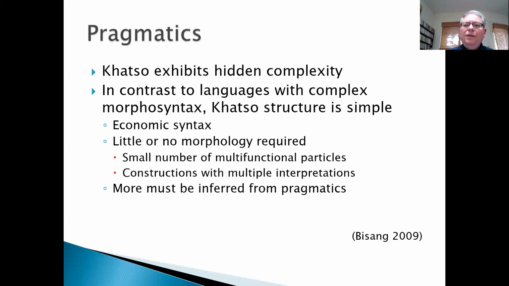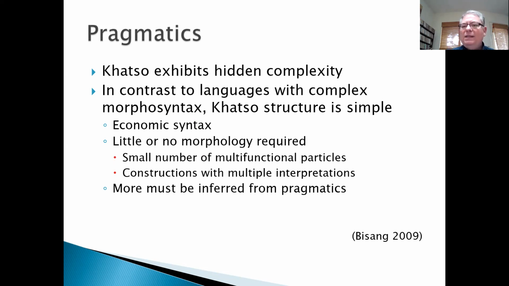So think about languages in other parts of the world that have very elaborate and complex morphology and syntax. Think about, well, English fits that bill, although it's not so complex. But think about Latin or think about Turkish, where you have all of this morphology that really scaffolds all of the words and all of the meaning and makes it very clear what the relationship is between all these different elements.